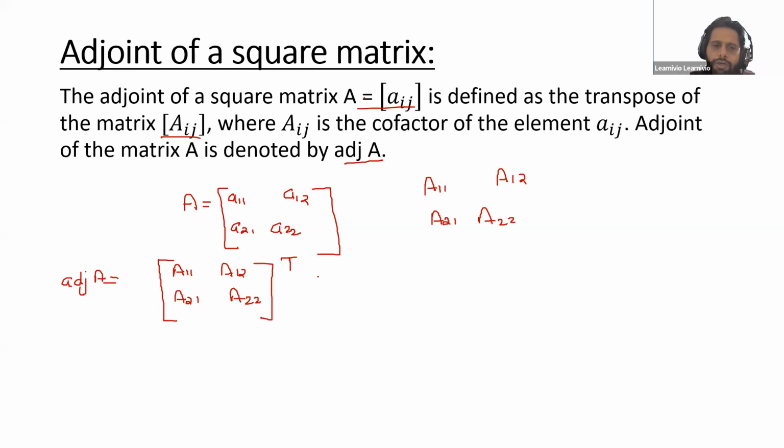Okay, so this point is clear to everyone. If you get a matrix and you need to find the adjoint of that, first of all, you will find the cofactor of all the elements. After that, you will write the cofactors over here, and then you will find the transpose of the cofactor matrix. This is clear, Atif, Saf, Shravya? Yes, sir.